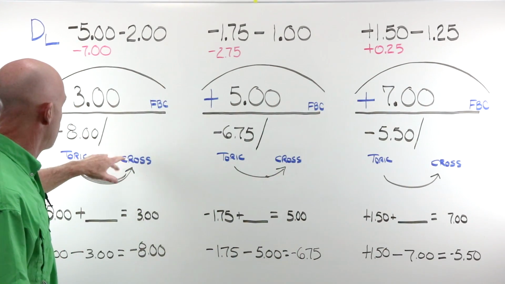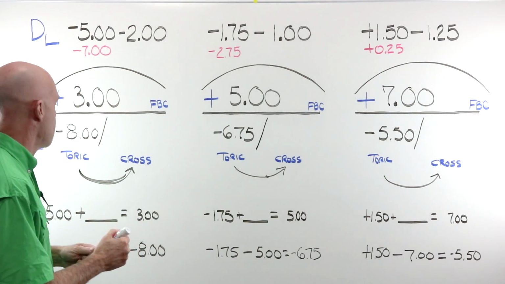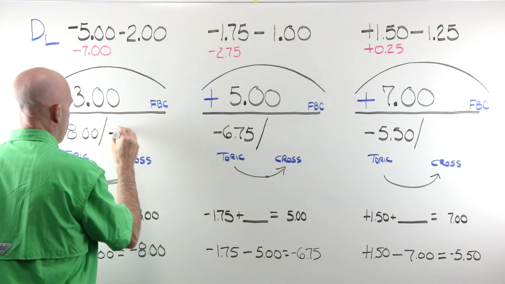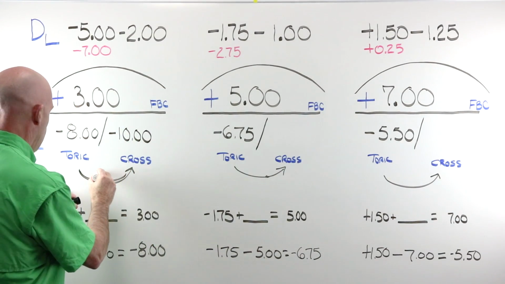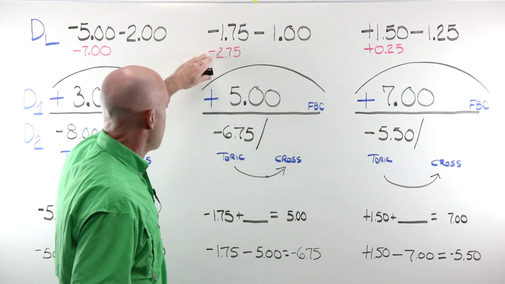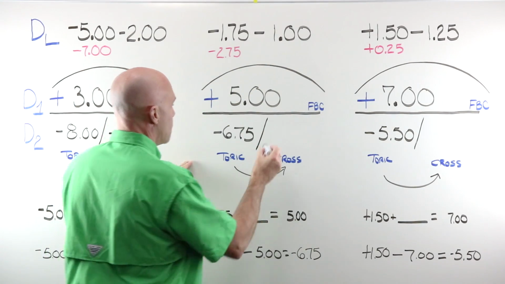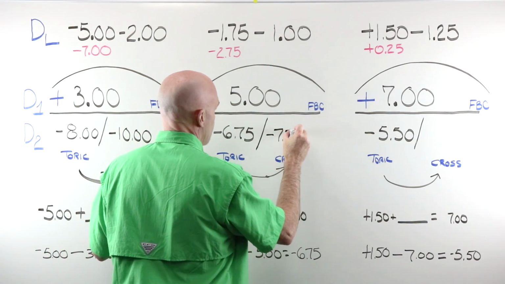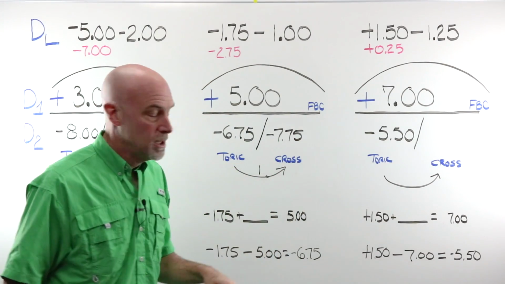Our cross curve to create our -7 power is going to be 2 diopters steeper than our -8. I am going to have a -10. 2 diopters difference. To create a -2.75, I'm going to need an additional full diopter stronger. I'm going to have a -7.75. 1 difference between the two.